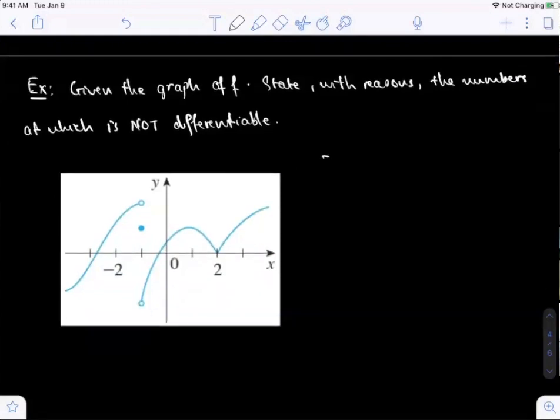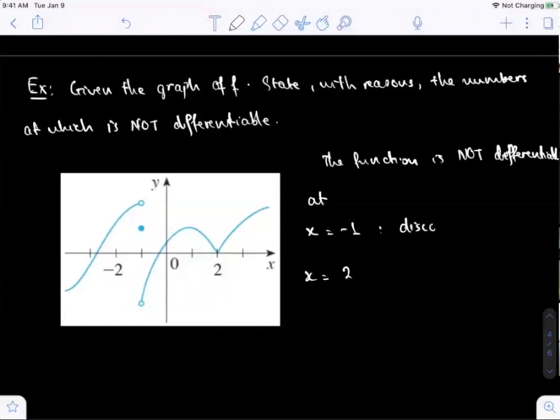For this graph, the function is not differentiable at x equal to -1 and x equal to 2. So there are two cases in this particular example. At x equal to -1, the reason is that this is a jump discontinuity. At x equal to 2, there's a kink or corner, and therefore the function is not differentiable.